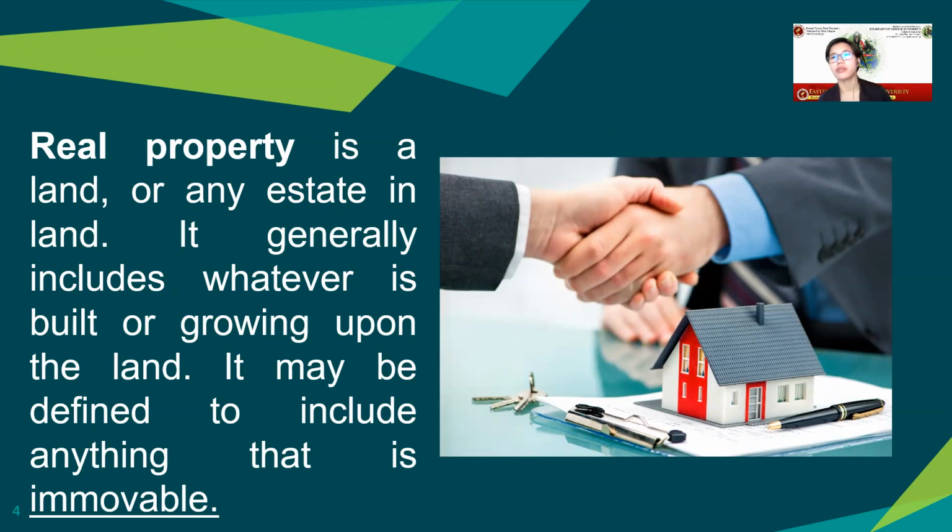When you say immovable, you cannot transfer it from one place to another, or if you transfer it, it will change and lose its sense. So that is a real property. For example, a wall with a picture frame hanging on it: if you take the picture frame out of the wall, the presentation of the wall becomes incomplete.